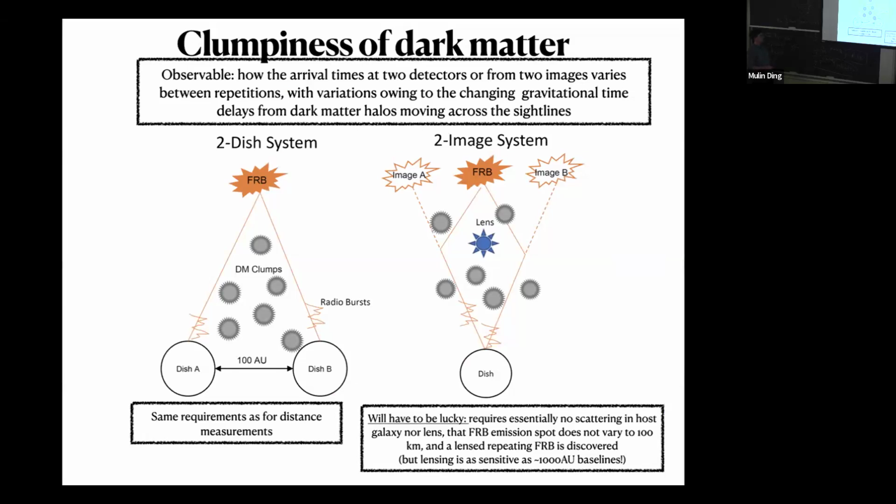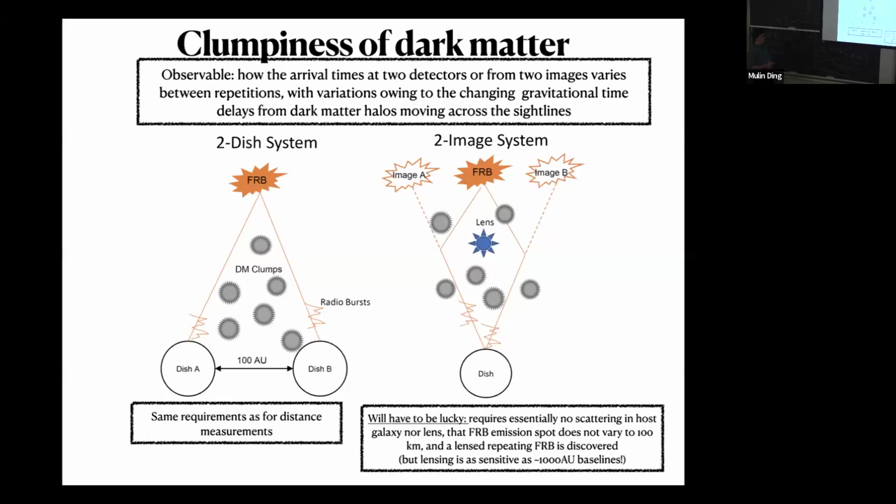The basic observable for this idea is you have a repeating FRB, and there will be some arrival time at one detector and another detector, so an arrival time difference, and that difference will change with time as dark matter clumps drift across your sight line. And so you're looking for how the difference in arrival time changes with time between repetitions, and the same thing for the two image system.